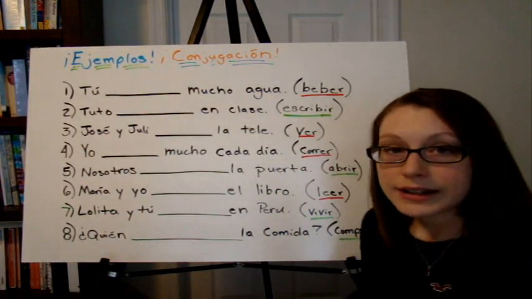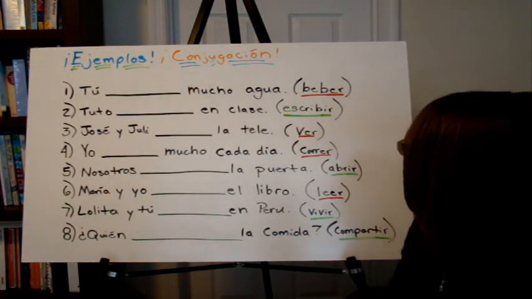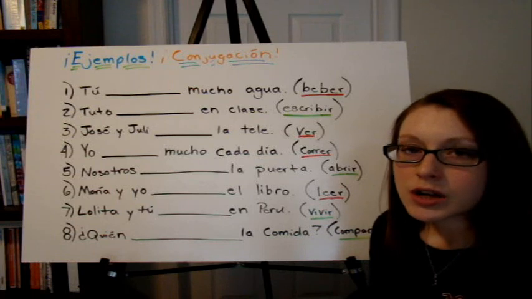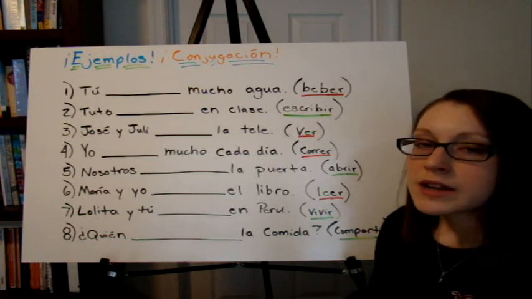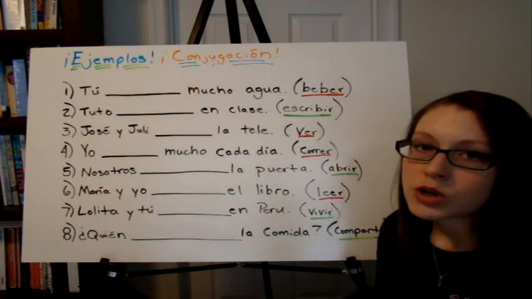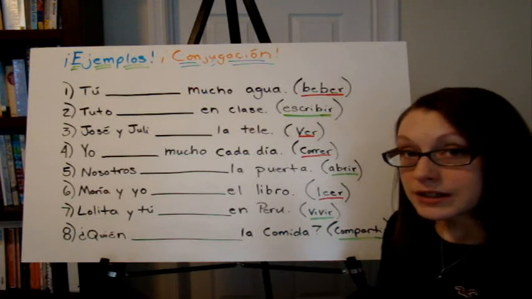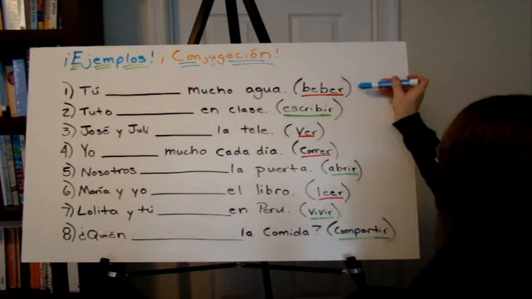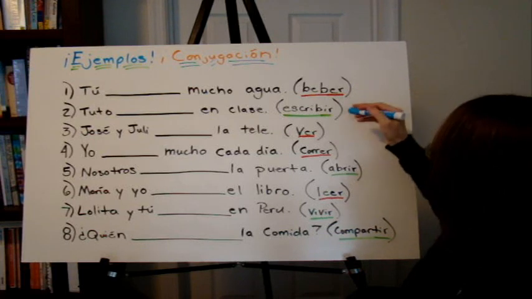Now let's do some practicing with examples. These examples I'm going to do with you. And one tip when you are learning how to conjugate ER and IR verbs, since there are some differences in how you conjugate, it is helpful if you highlight or differentiate when there's an ER verb and IR verb.